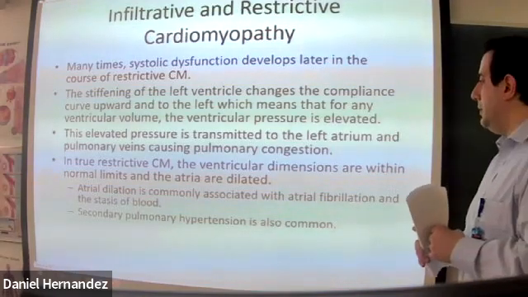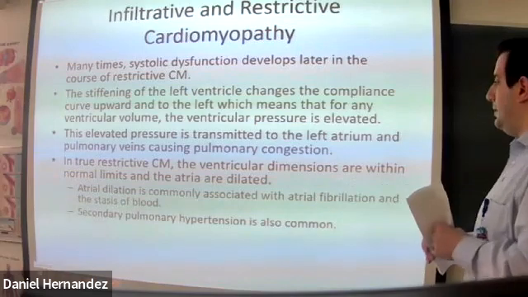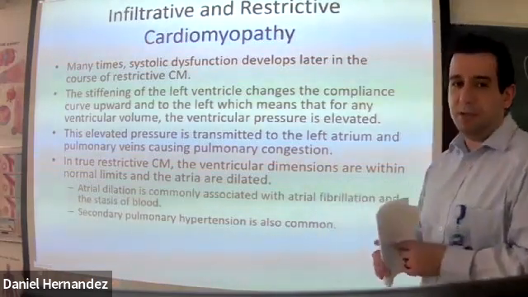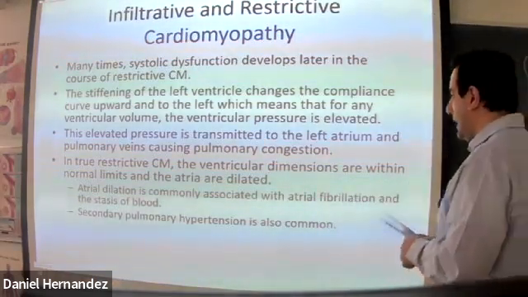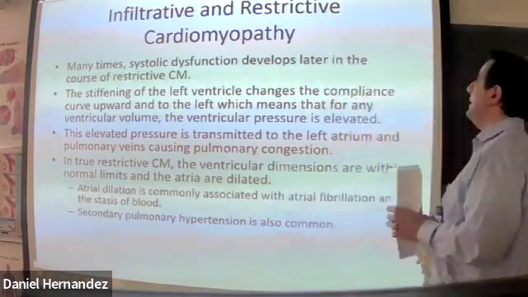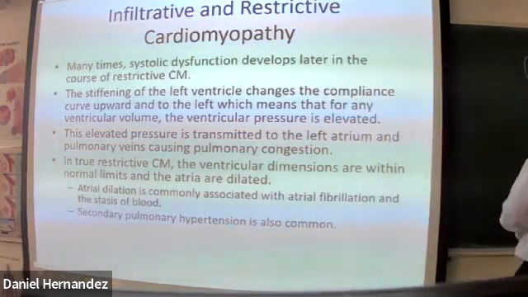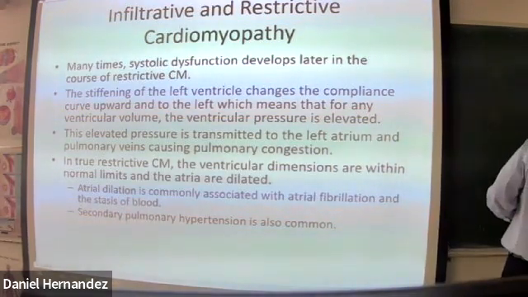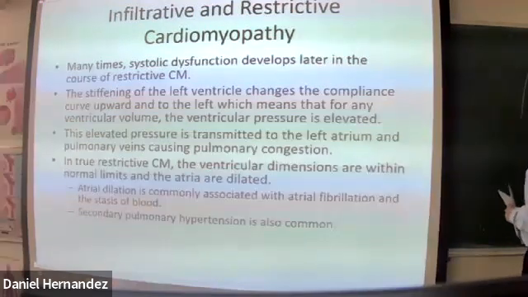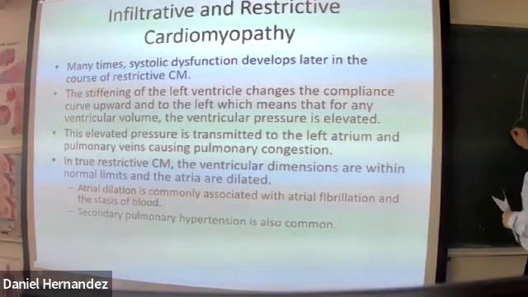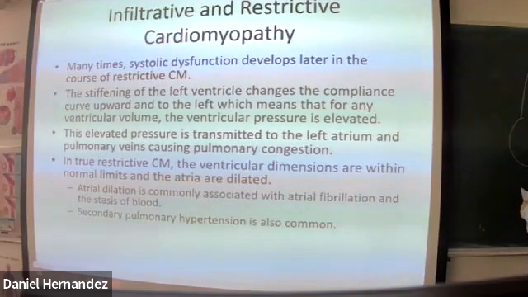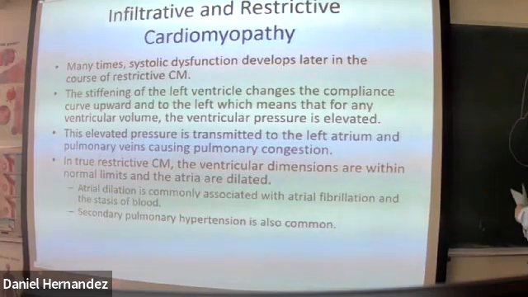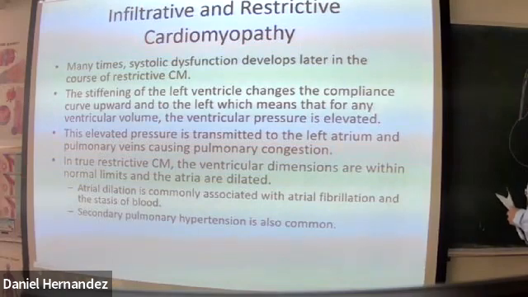In true restrictive cardiomyopathy, the ventricular dimensions are within normal limits and the atria are dilated. So that's going to be your telltale sign that this patient has restrictive or infiltrative cardiomyopathy. So they're going to have large dilated atria.